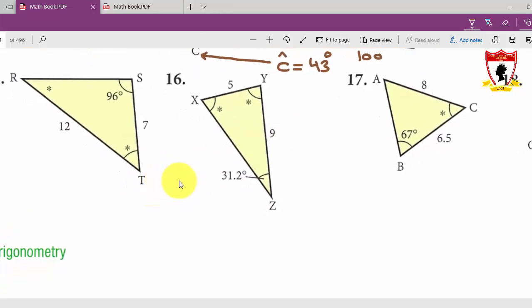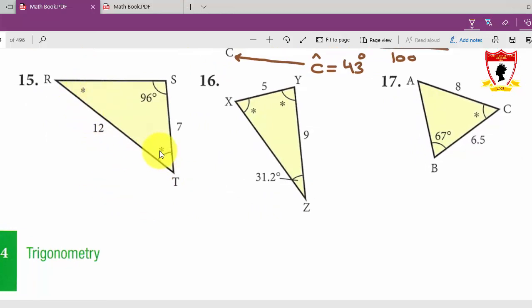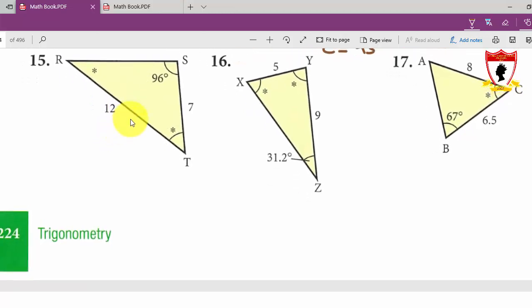In question 15, this time two angles are missing, and we need to find them. To do this, look, it looks confusing, but we're gonna use the rule to find one angle. And what we know about triangle, all the three angles together, they must add up to 180. This will help us to find the third angle.